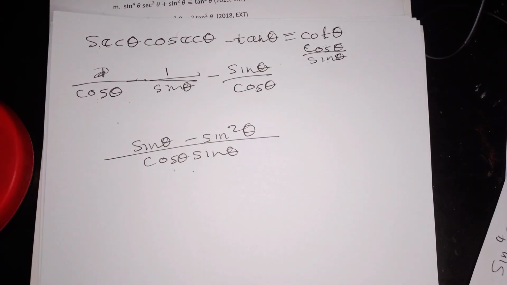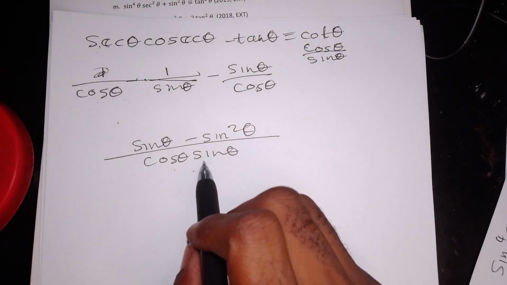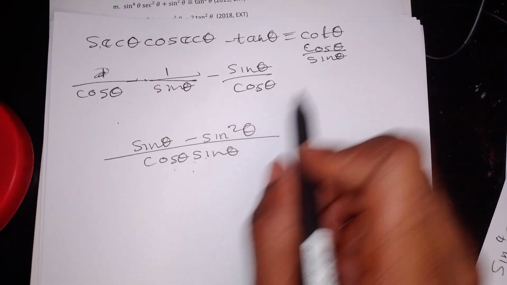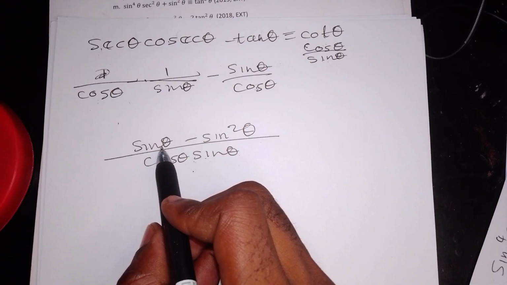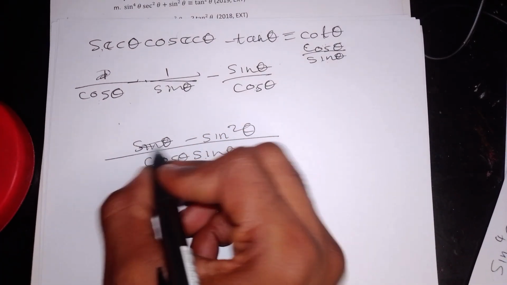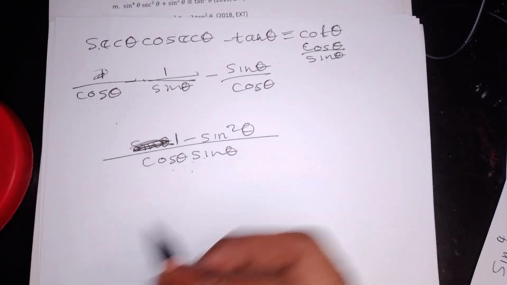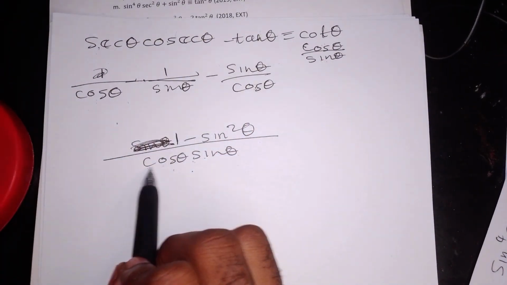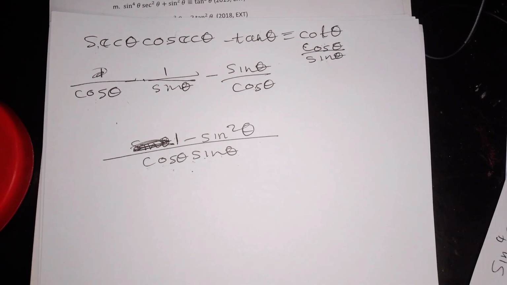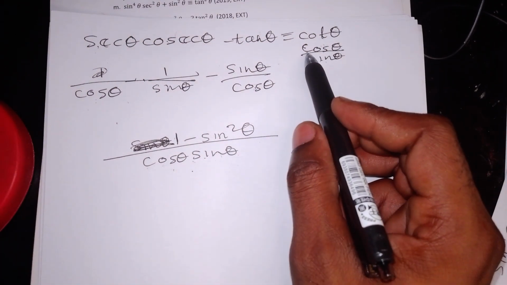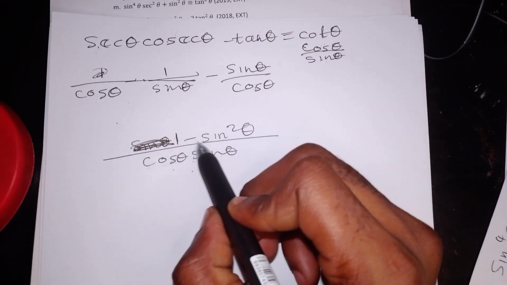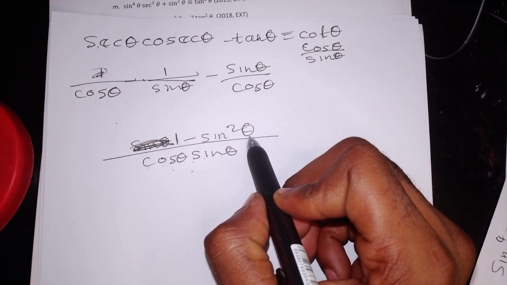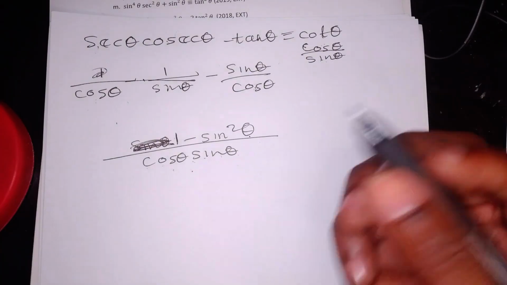Now you have the sine in the denominator. You don't want the cosine. In the numerator, this is not even a sine, this is a 1, because this into this is 1 times 1. In the numerator you want cos. Of course, from the first identity, 1 minus sine squared theta is cos squared theta.